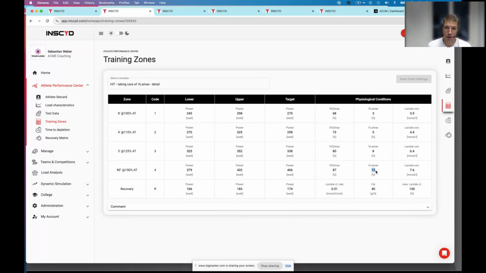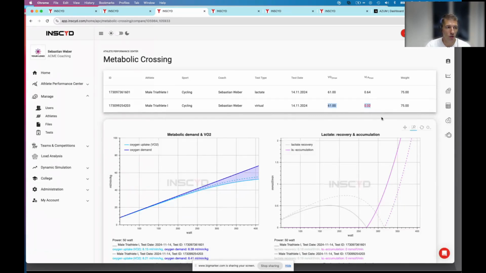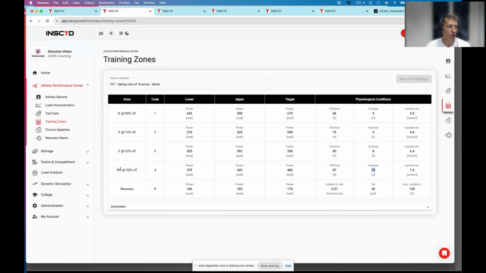And this is critical in this case because we've seen it before, right? We looked at it together, what effect size there is of decreasing VLamax. So using this kind of interval training for this athlete doesn't seem to be beneficial because you trigger VLamax by 15%.